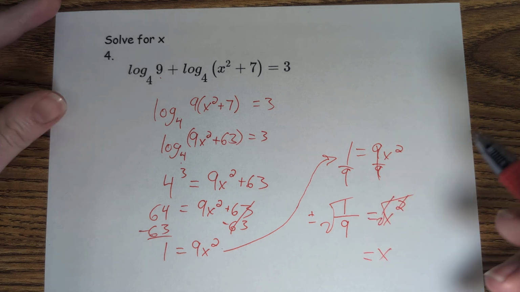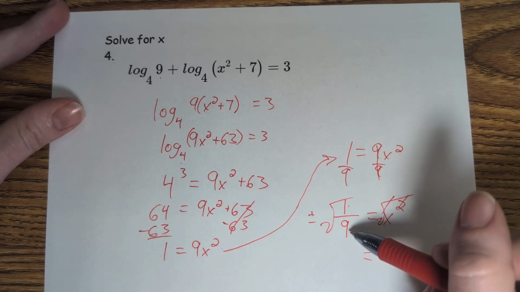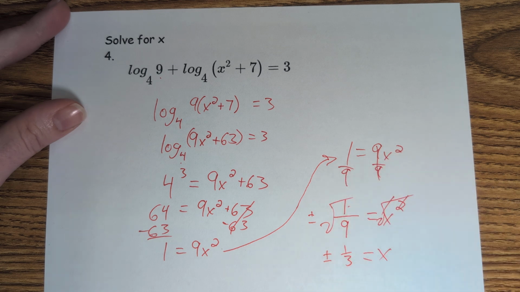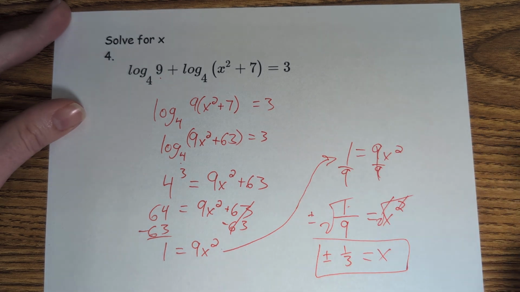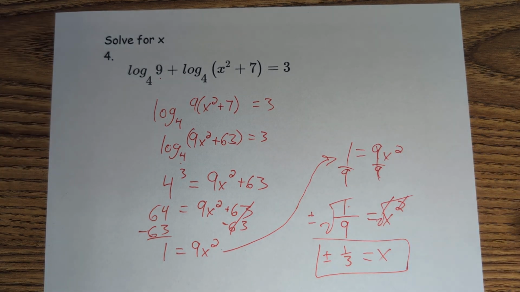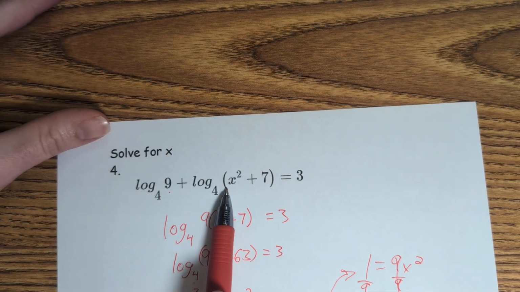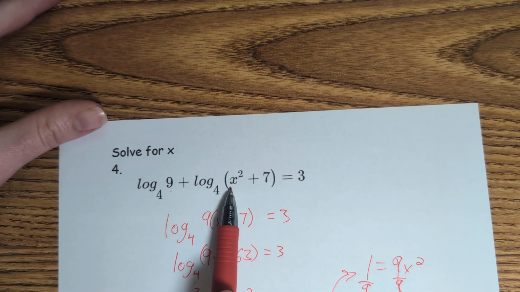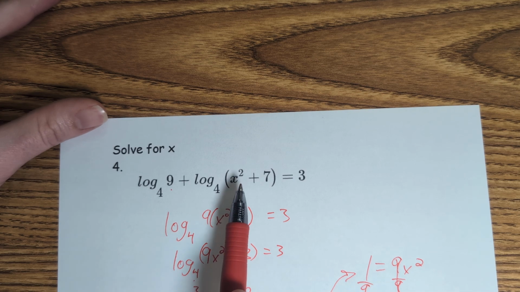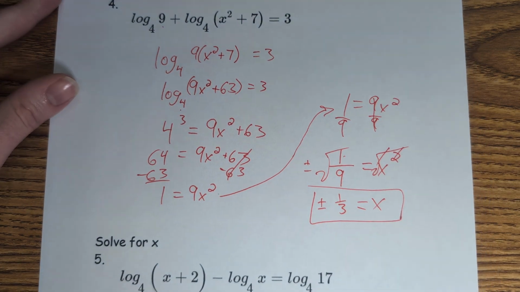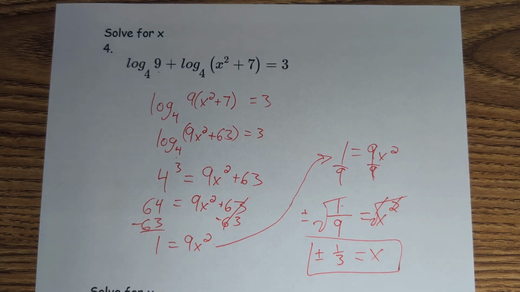They're both perfect squares. The square root of 1 is 1. The square root of 9 is 3. So this is going to be positive and negative 1/3. Now, however, I better check and make sure that if it's negative, that's okay. Honestly, that is fine, because if it's negative and it's squared, then it turns positive. So both our answers, the positive and the negative, are okay.